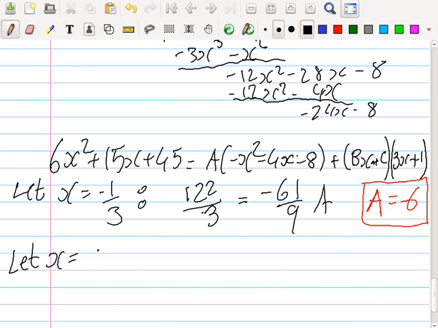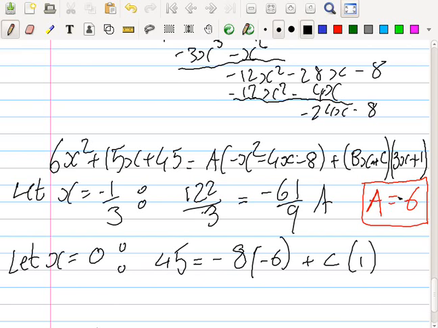I can choose x to be 0, so I get 45 equals minus 8a, which is actually, what's that? That's a minus 6 now. Minus 8 times minus 6 plus c times 1. Oh, actually, that works out nice because that does give me the c.